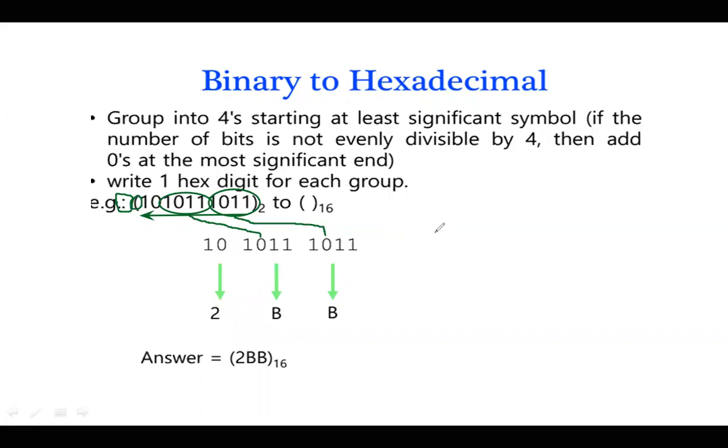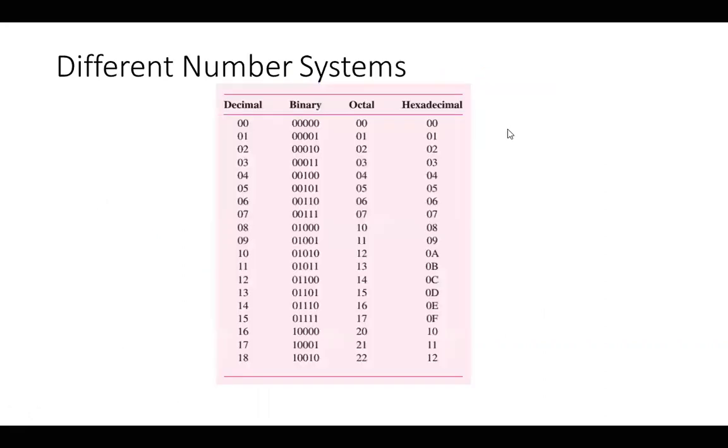So hexadecimal, how are we going to represent hexadecimal? Hexadecimal will be 0 1 2 3 4 5 6 7 8 9, and the next one will be A B C D E F. Till here it is over.